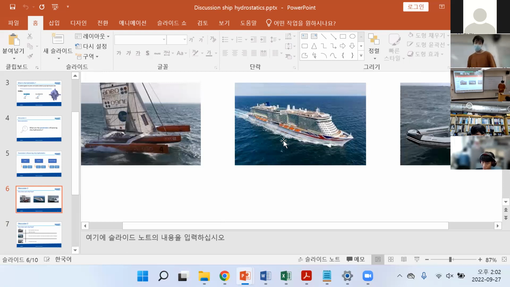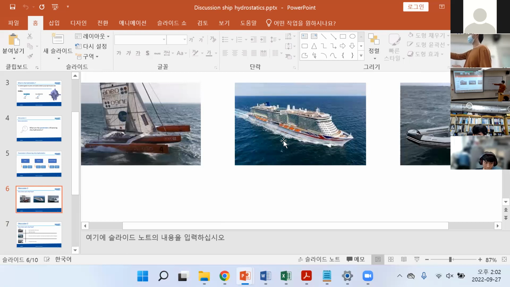Okay. So in reality, it's all about buoyancy. We have to have a buoyancy force that is higher than the gravity force. The first one is lightweight and very stable, because we have a good distribution of the mass. For the second one, as you said, there are lots of stairs, so there is lots of air inside the boat.